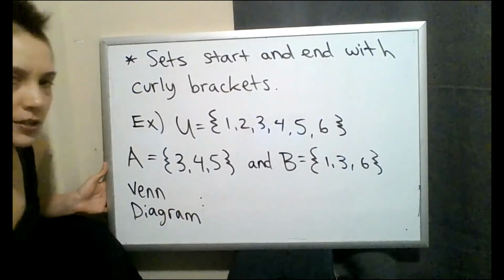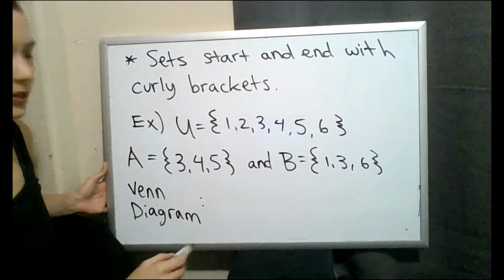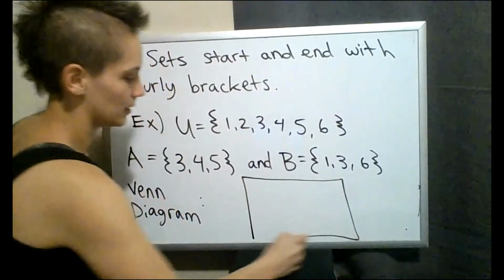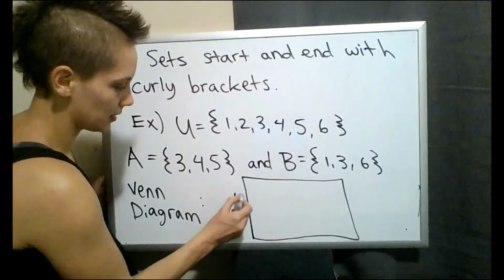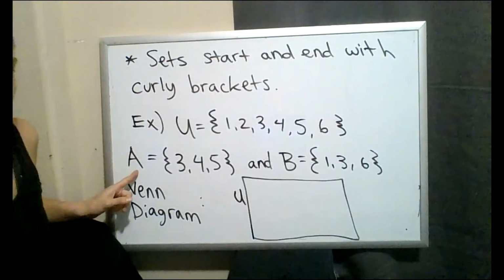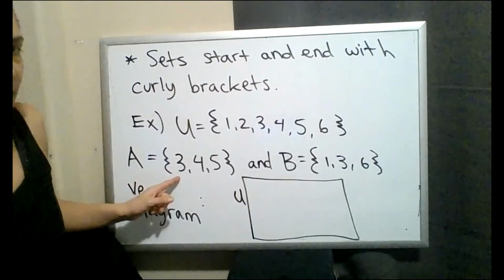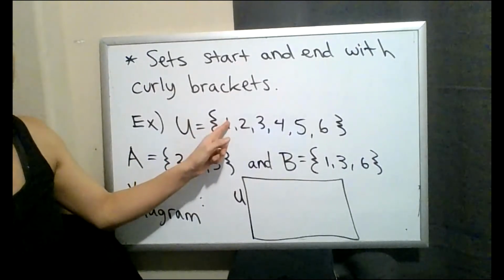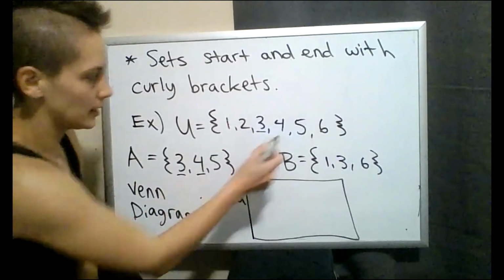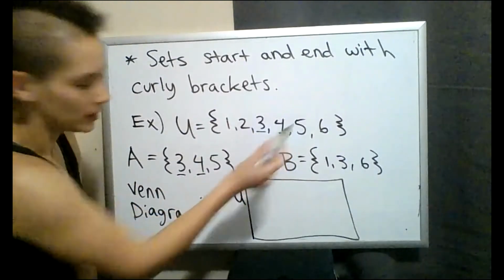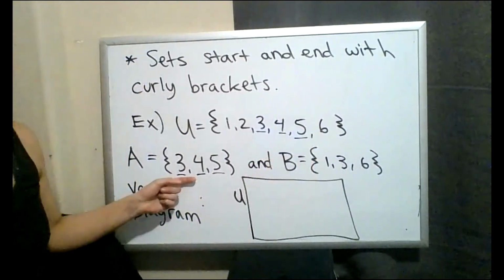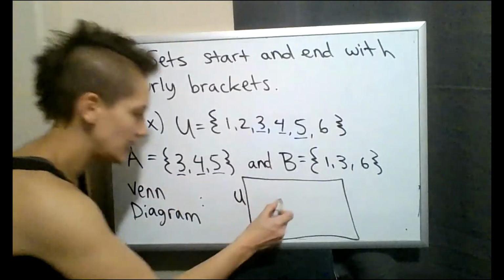So draw a picture starting with the universe, which is a big square. Label it. A is a subset of U. Every element in A is also in U. Like you've got 3 here and it's there. 4 is in A, it's also in U. 5 is here in A, 5 is here in U. So yeah, it's a subset inside of that set.